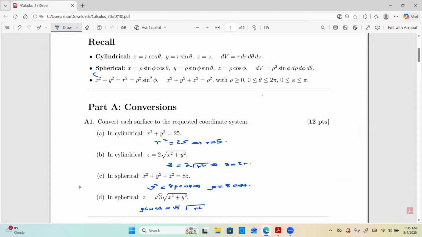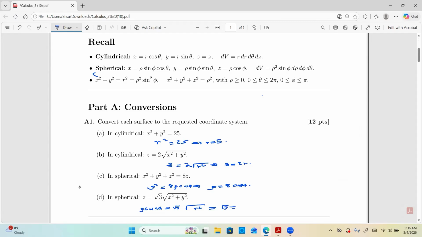Except that you should be careful that in spherical, the r means something different than in cylindrical. Cylindrical r is a variable of integration, but here we have to rewrite things in terms of phi, rho, and theta. This is square root of 3.